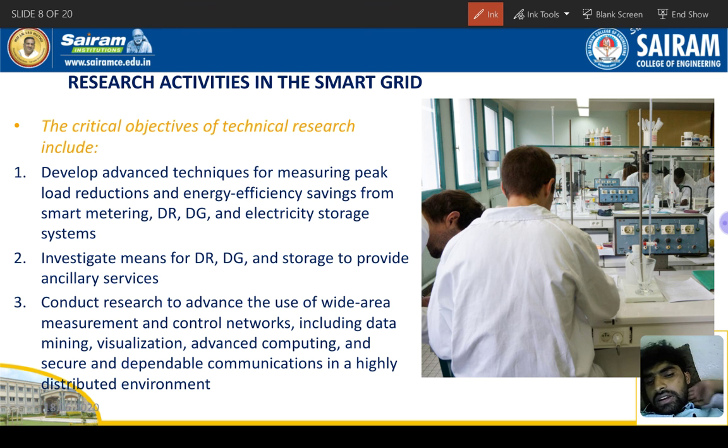And storage to provide ancillary service. So the smart grid involves storage and energy efficiency devices, and research on advanced use of wide area measurements, and several research areas will be there.